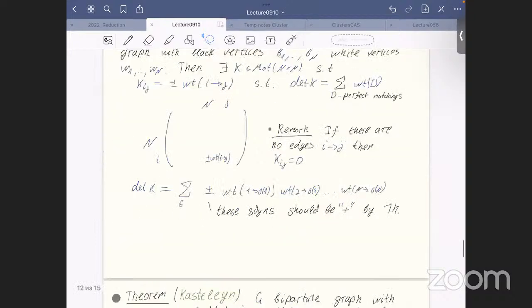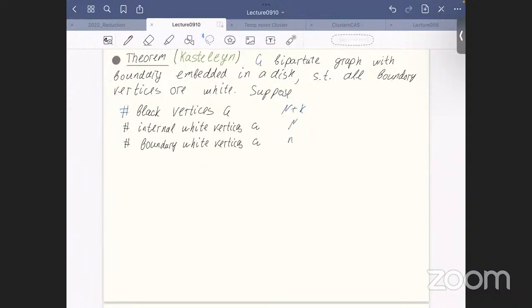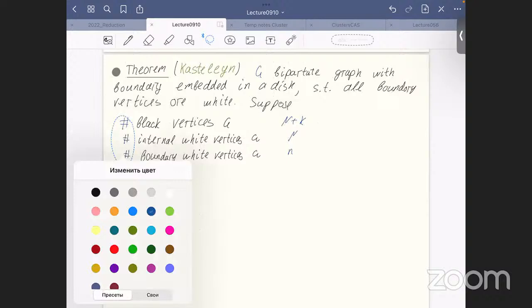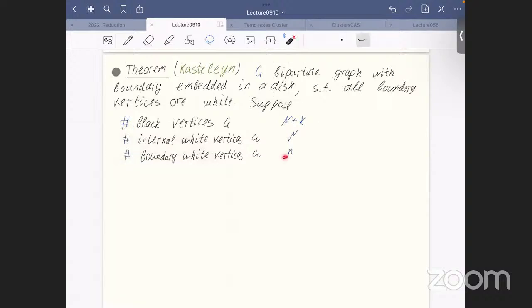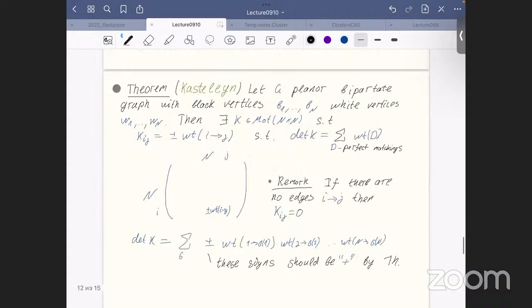The number of internal white vertices is capital N, and the number of boundary vertices is small n. Then there exists a matrix K, now of the size n plus k times capital N plus small n, such that similar properties hold.